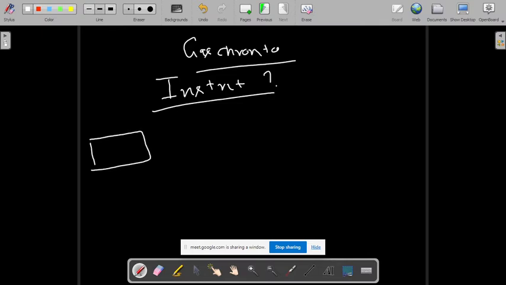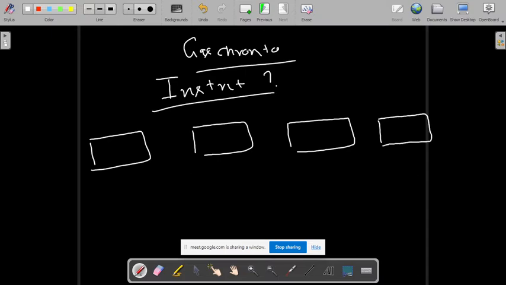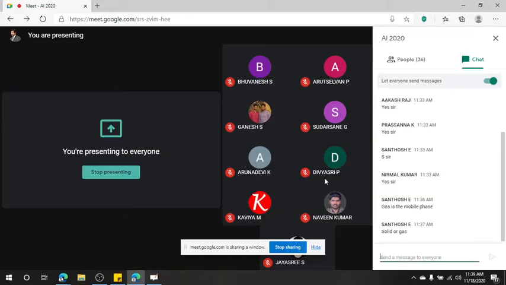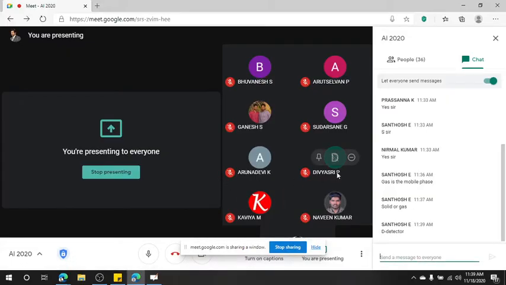I'm putting 4 blocks. Can you identify what is the A block, B block, C block and D block? We can put a connection like this. Based on our earlier discussion, what should be the A part?